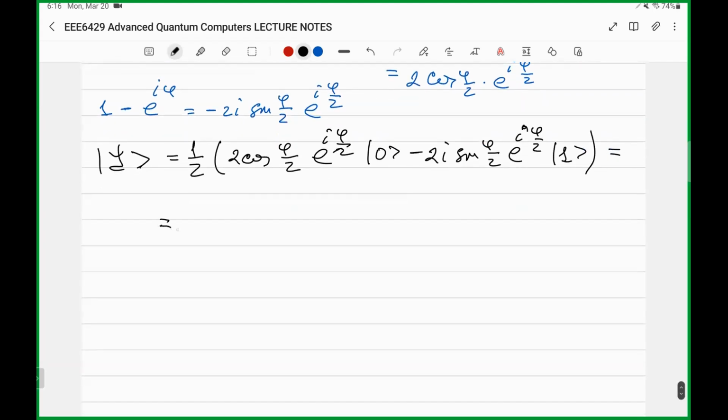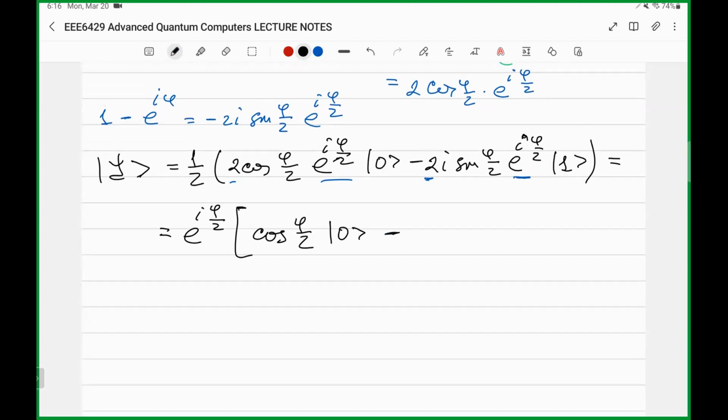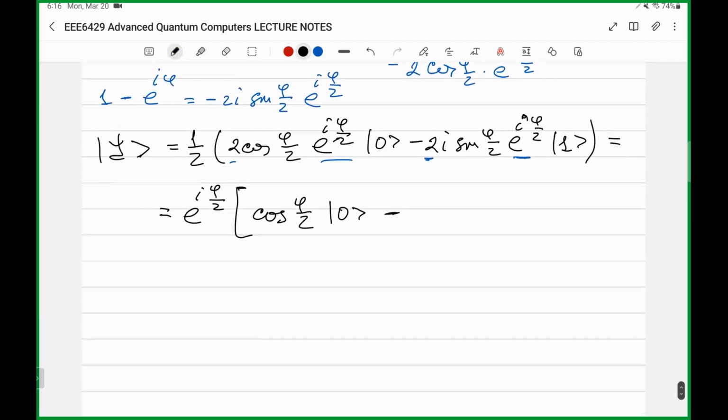So we can take this 2 and e to the power of i phi over 2 out and cancel 2. So it will be e to the power of i phi over 2, and then this parenthesis cosine phi over 2 state 0 minus i times sine phi over 2 state 1.